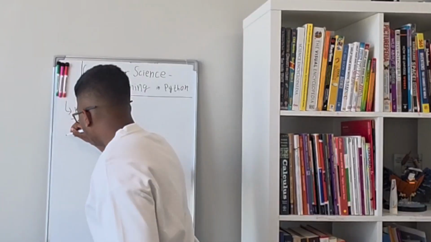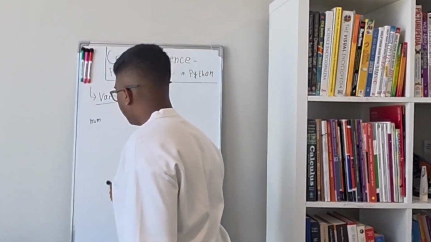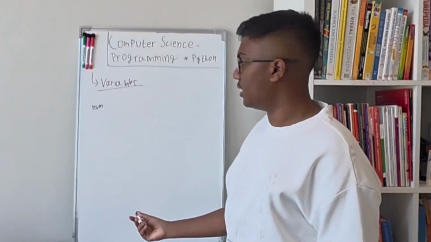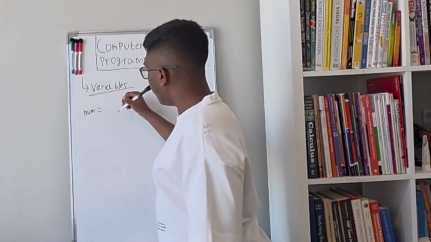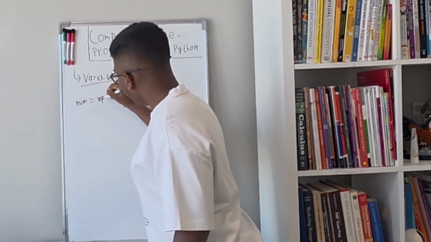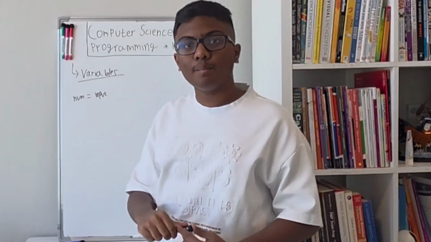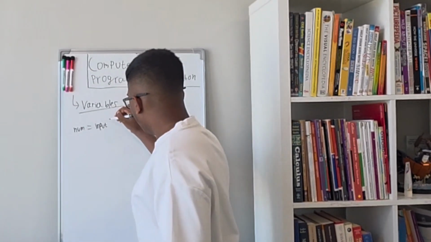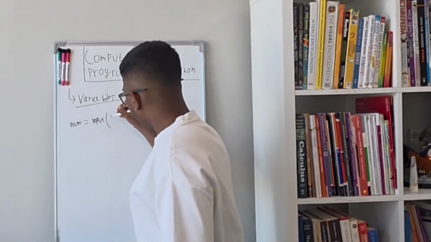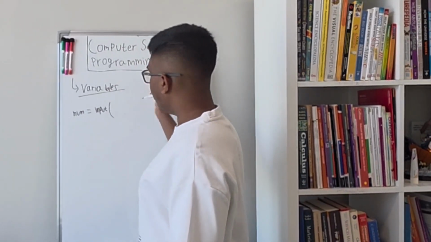So let's set a value called num, for number, and set it equal to input, which is the thing used to get an input from the user, and then we type our prompt in the brackets. But in this case, we want specifically a number.